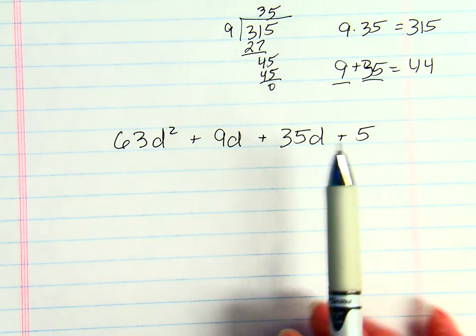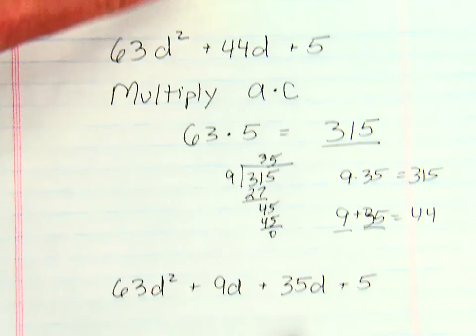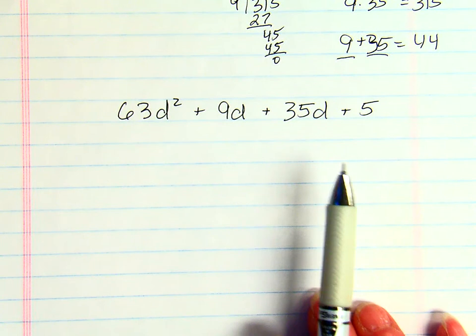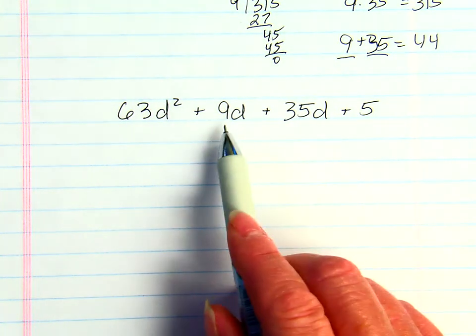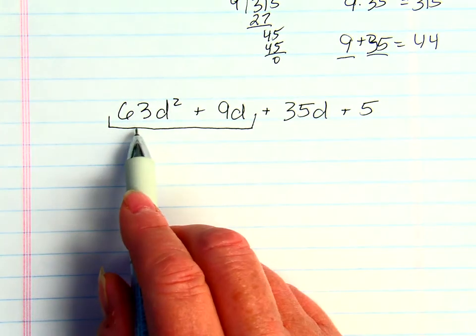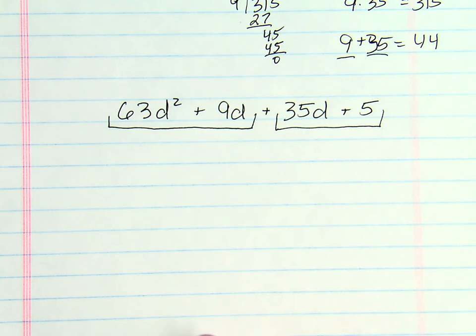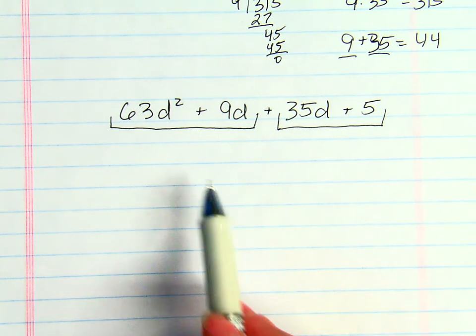Now I've put it in this order. Remember, 9 plus 35 equals our 44. Now I can group them. Notice I put the 9 over here first so that it's with my 63, so that my 35 can be with my 5.